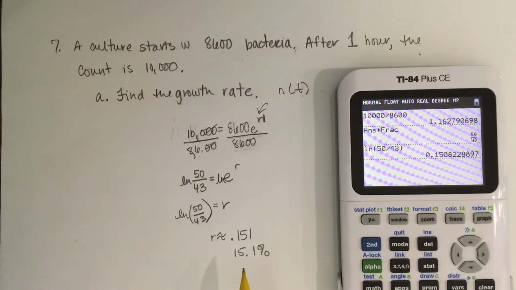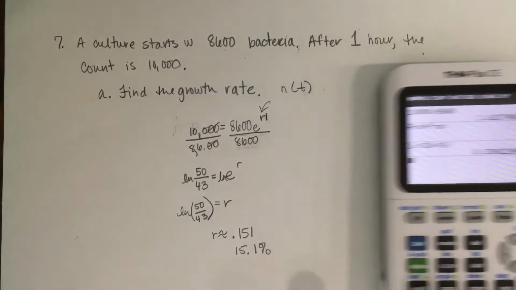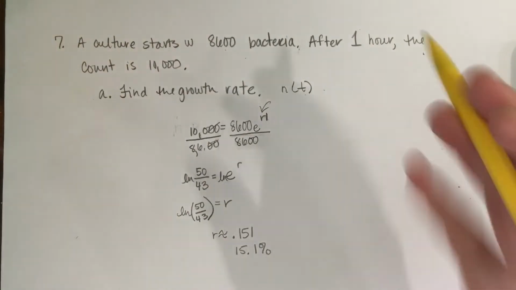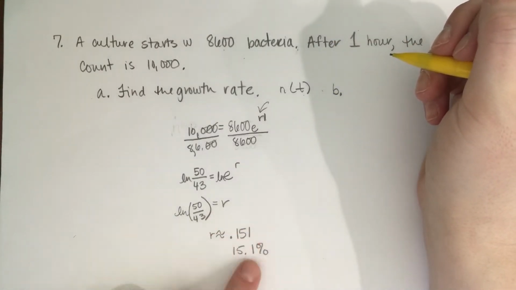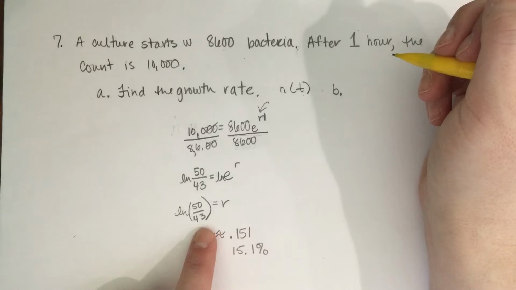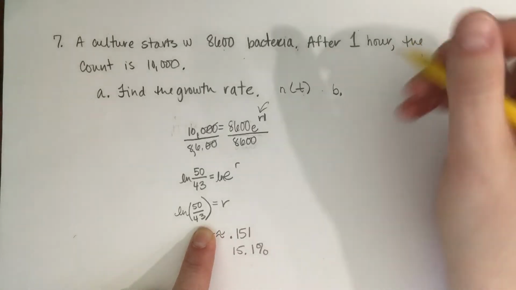And so this next part asks us to find the number of bacteria after 2 hours. When we actually go to find the number of bacteria after 2 hours, we're going to use the function that we're about to write, but I'm not going to be using this rounded value. I'm using the natural log of 50 over 43.